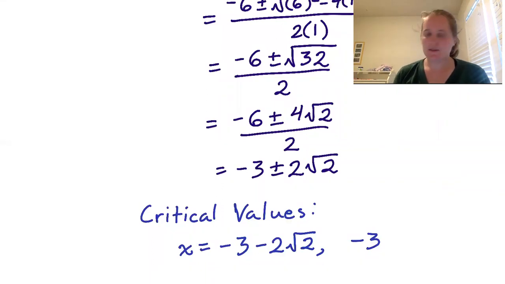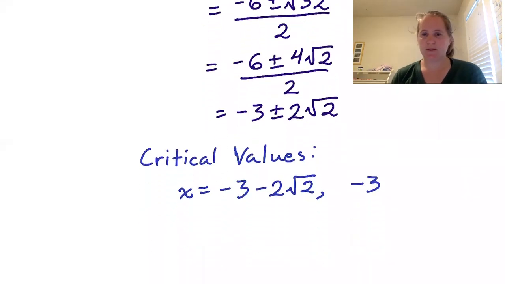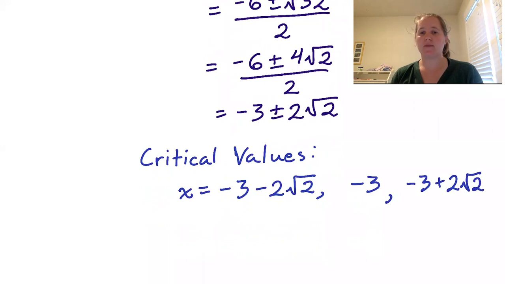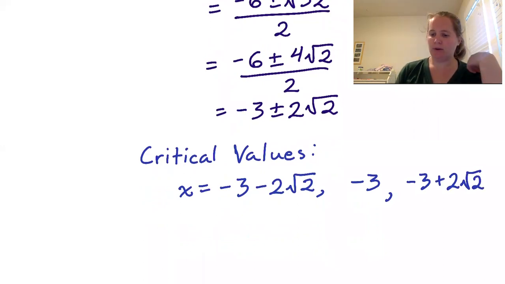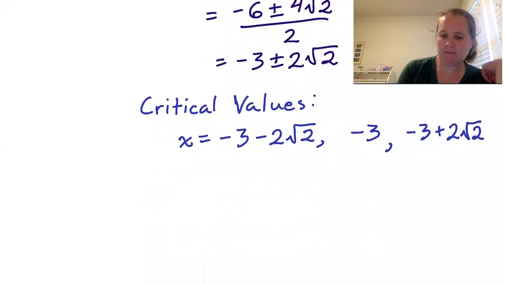Sorry about that. I got two problems confused for a moment. I was thinking I'd made a mistake. And so we have -3 was where it was undefined. And then we have -3 plus 2 root 2 as our last option. So from here, we're going to create our number line.